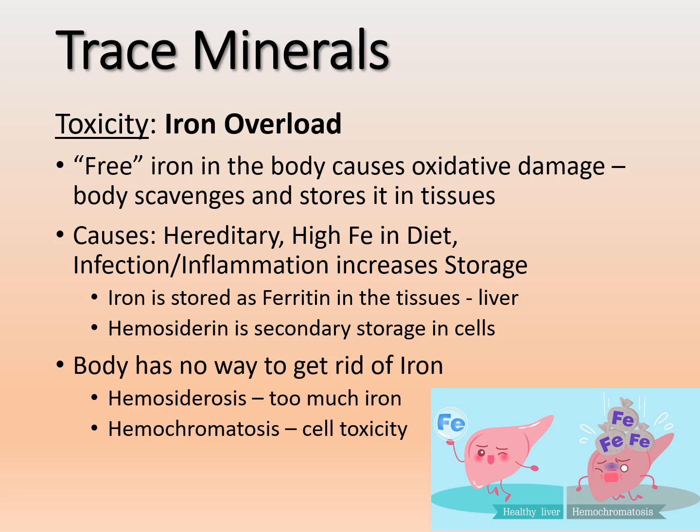And we store iron as ferritin in the liver, and then we store it as hemosiderin in cells. It's kind of a secondary storage in the cells. Okay. And we said that the body really doesn't get rid of iron, so we only kind of collect it. So that's why we're so susceptible to iron toxicity.